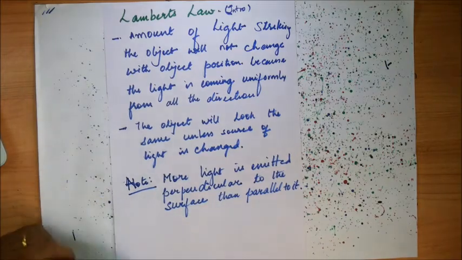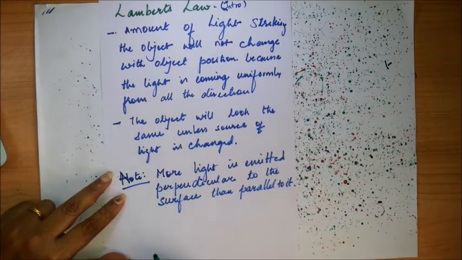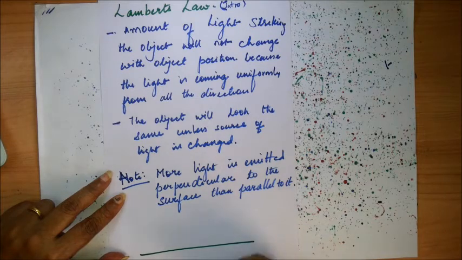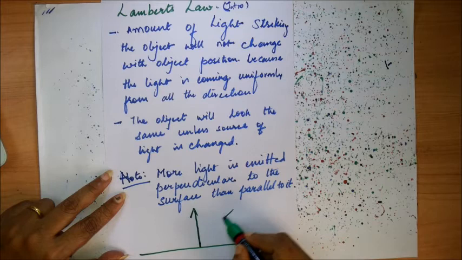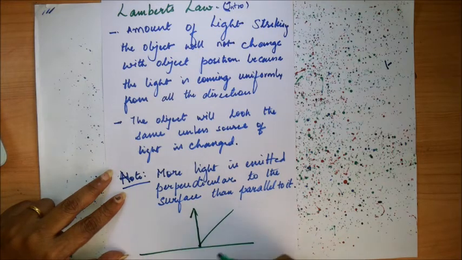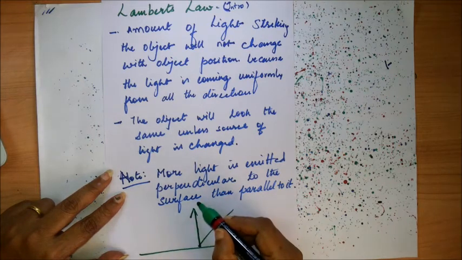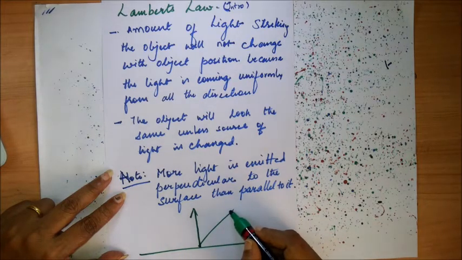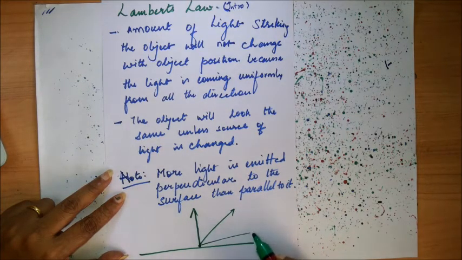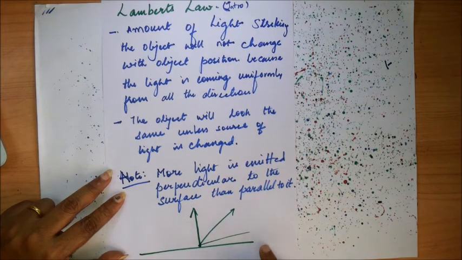And one thing we need to observe is whenever a ray is striking the surface of the object, the more light is emitted perpendicular to the surface, rather than in any other direction. The amount of light reflected will be more whenever it is in a perpendicular position, rather than when it is making an angle with the surface, and less light will be reflected when it is nearly parallel to the surface of the object.